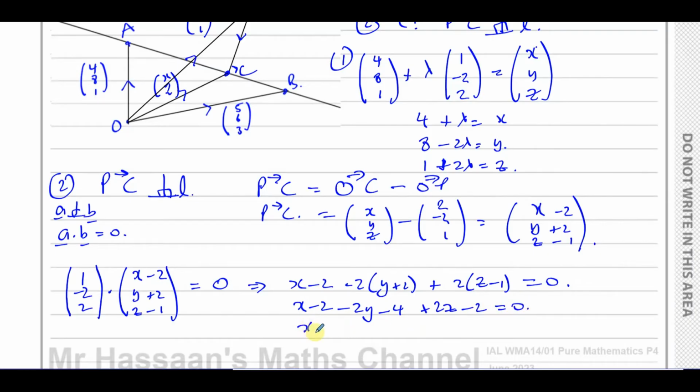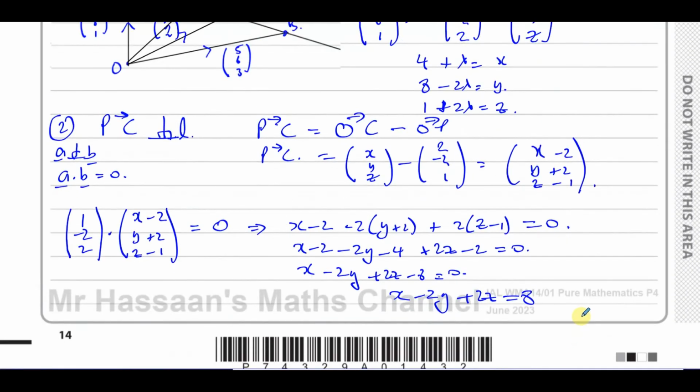So you end up with x minus 2y plus 2z, and you have minus 2, minus 4 and minus 2, which is minus 8, equals 0. So we can say x minus 2y plus 2z is equal to 8.